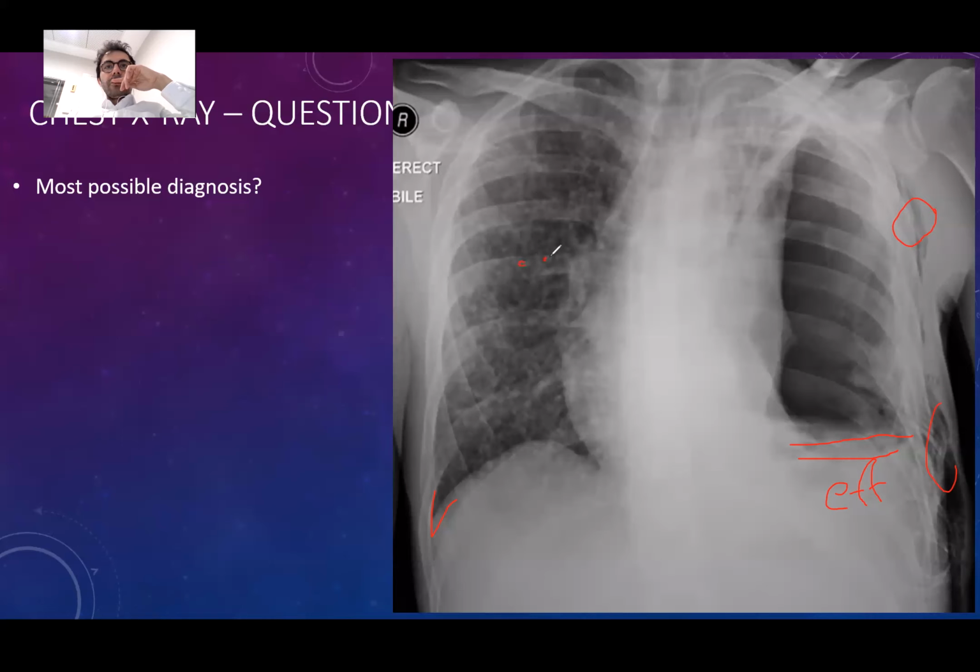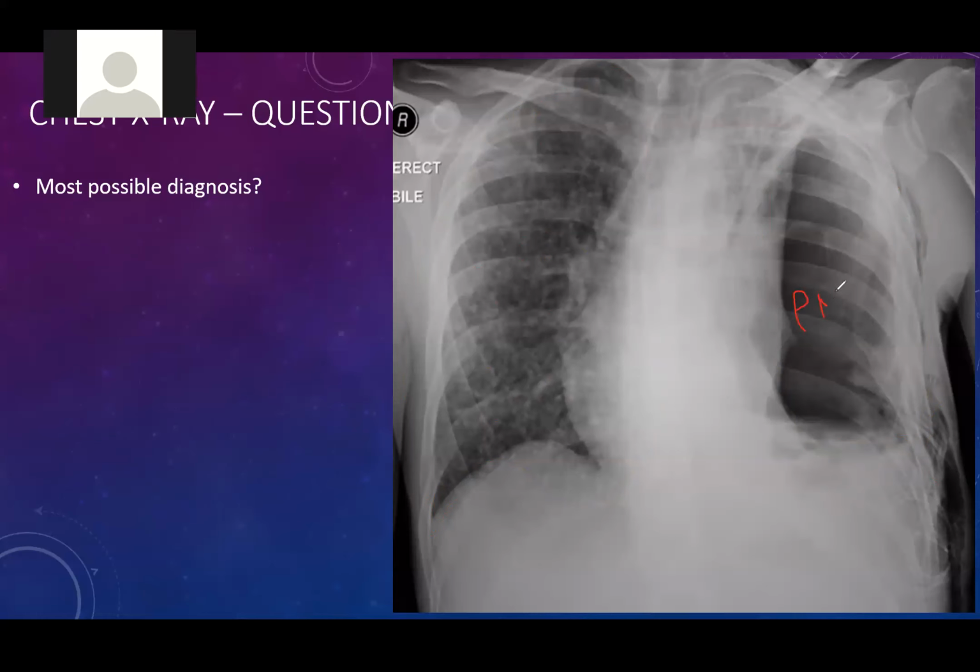I'm seeing a lot of nodular densities diffusely distributed on the right lung. These belong to the interstitial density family. On the other side, I'm not seeing any lung at all. I'm seeing a completely empty airspace. So what is the pathology in this patient? What is the major pathology?